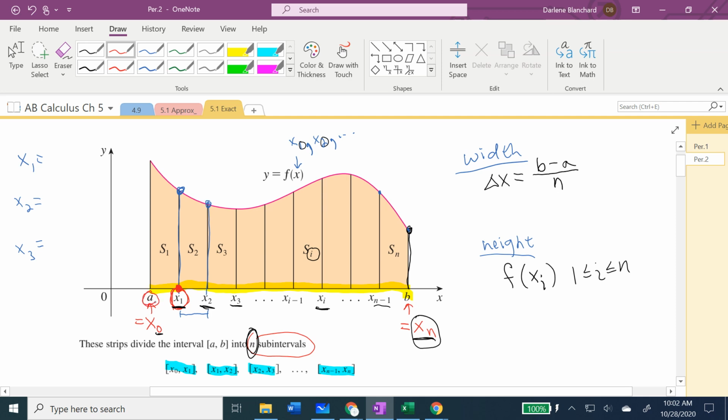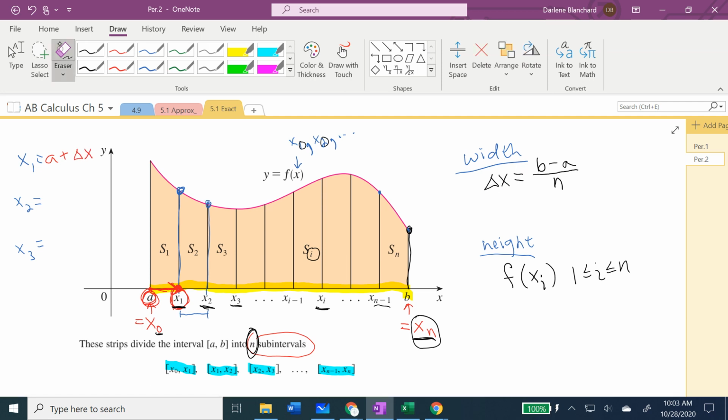I will have been given a starting number, a. Whatever that a is, all I have to do to get over to x sub 1 is add something to it that we already found: the width. So my first x is located at x equals a plus the width.